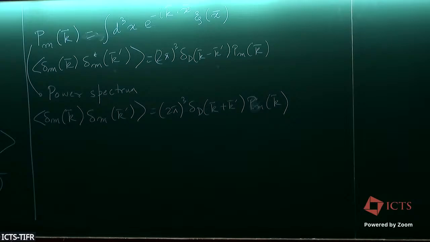So now can you tell me what is the dimension of power spectrum? What is the dimension of K? So I need dimensions either in terms of M, L, and T. These are the three things we know. L cube. So power spectrum has dimensions of volume.